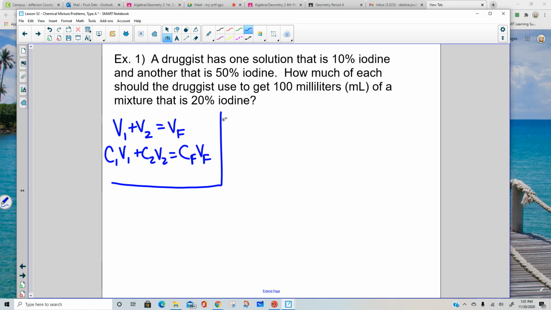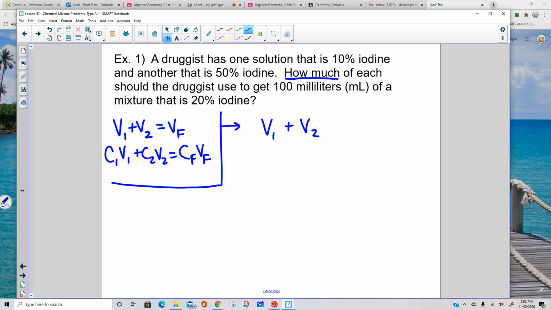Now let's fill in what we know. How about from the first equation, the volumes? Do we know how many milliliters we're starting with? Read that first sentence. The druggist has one solution and another solution. No, it just tells us about the concentrations. We do not know how much. We don't know the volumes. So just leave those as variables, V1 plus V2. In fact, read the next sentence.